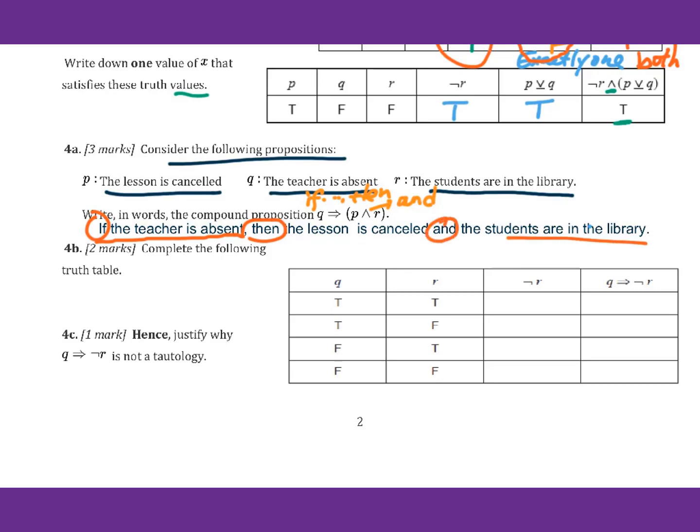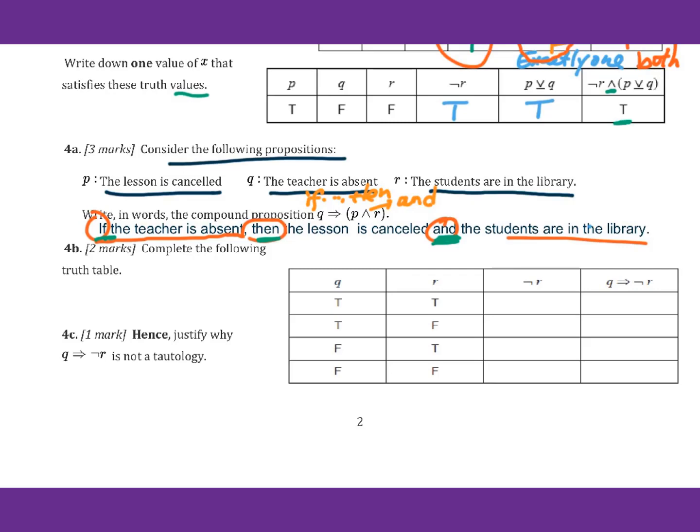When you write down the compound proposition in words, you have to use these keywords, like here, if, then, and here is and.